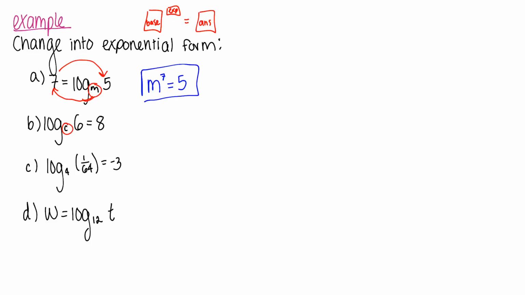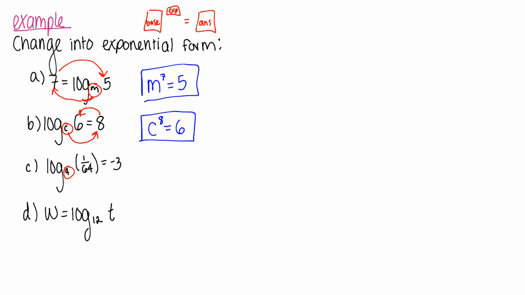Here we start with the c. So it doesn't matter what side you're on. Sometimes people start to think, oh, I'm going to always start with whatever number's on the left or whatever number's on the right, and it doesn't matter what side it's on. You always are starting with the base. So c is the base. Okay, start at the base, across the equals, so the exponent is 8, and then back again equals 6. c to the 8 equals 6.